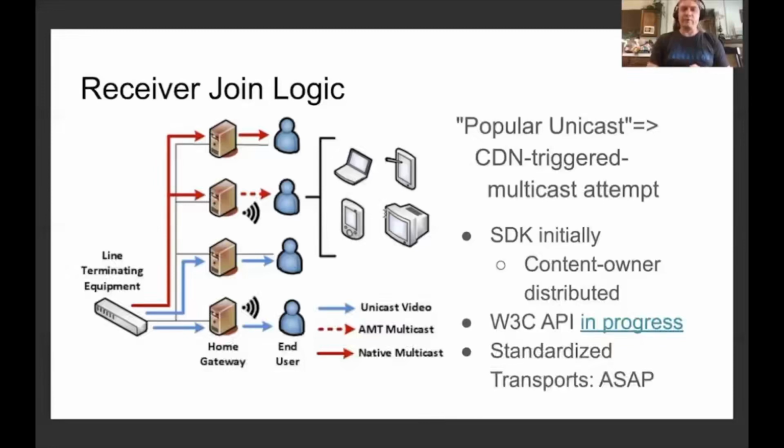So we're plugging it in at the generic UDP level. And what that means is that there has to be something that receives that traffic and interprets it properly. And that's where the SDK comes in.